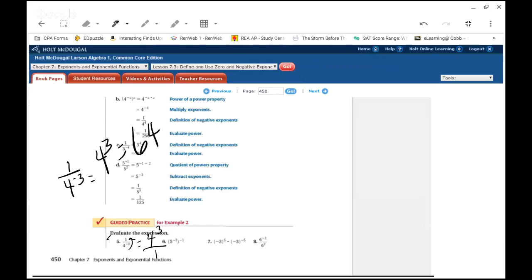You would multiply. Multiply. Good job. So what's a negative 3 times a negative 1? 3. So that equals 125.